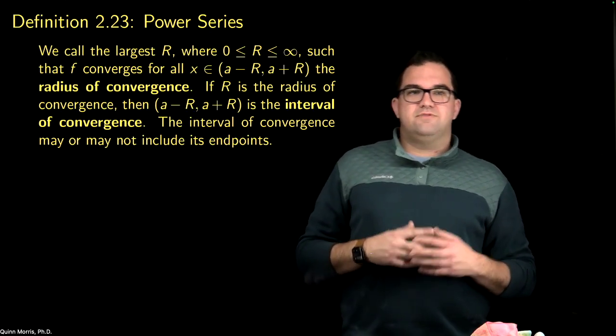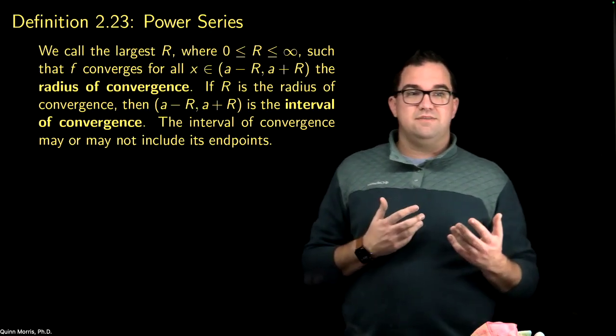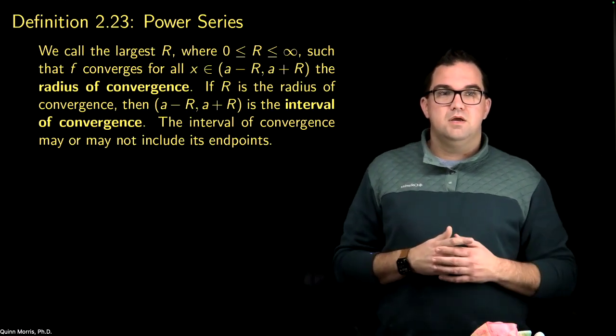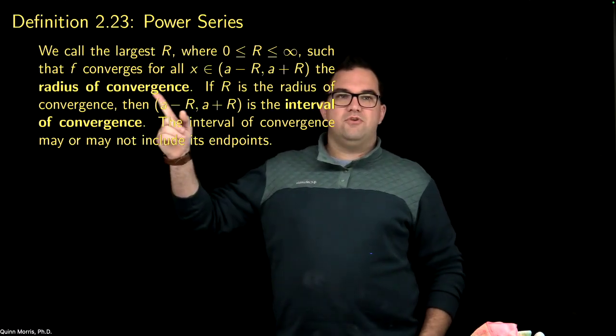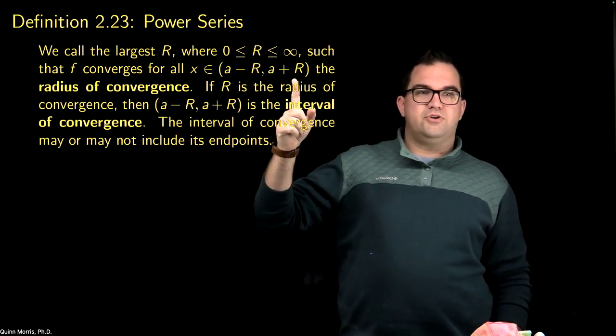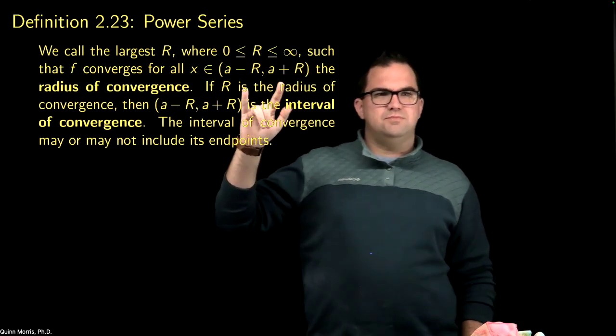So we're going to define this value capital R, which will be between 0 and positive infinity, and could possibly be 0 or positive infinity, such that f converges for all x in the interval a minus R to a plus R. Now, already you can see some assumptions built in here.